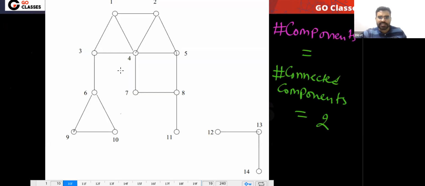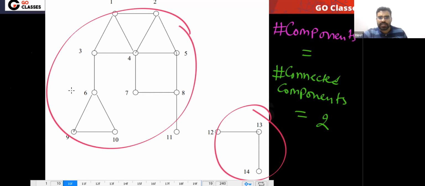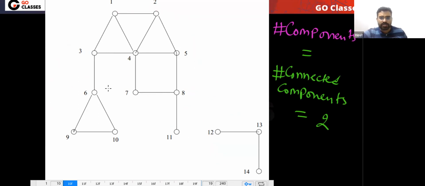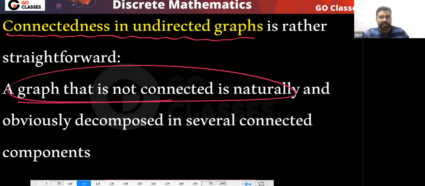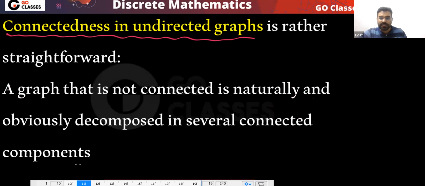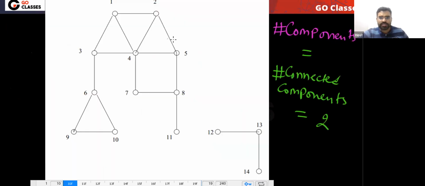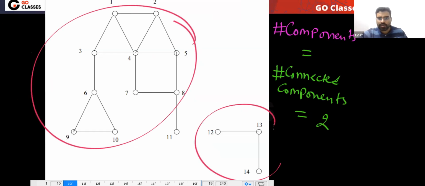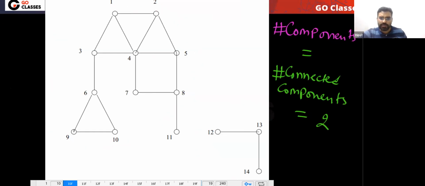If you look at this graph, you can notice that this and this are not connected. You can clearly see there is a gap. So this is the idea. Very simple. A graph that is not connected is disconnected into components. So this is a component, this is a component. So total 2 components you have.